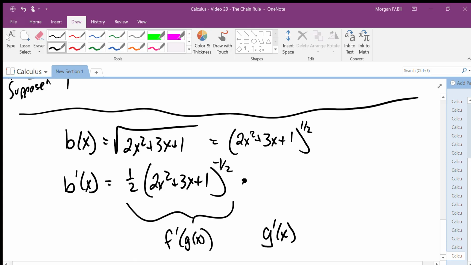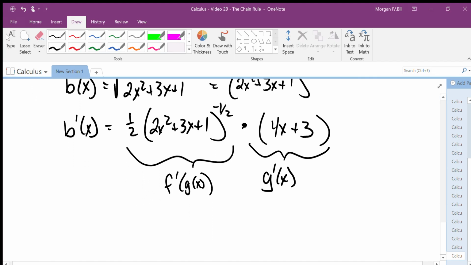So what's the derivative of that inside g of x function? Well, 2x squared plus 3x plus 1, the derivative there is 4x plus 3. And that is the chain rule: f prime of g of x times g prime of x.